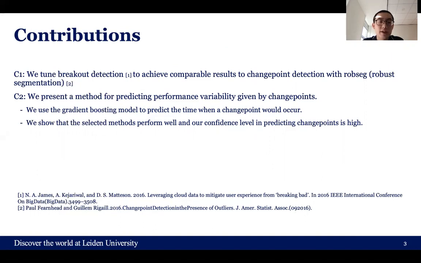Second, we present a method for predicting performance variability given by change points. We use a gradient boosting model to predict in time when a change point would occur, and we show that our selected method performs well and our confidence level is high.